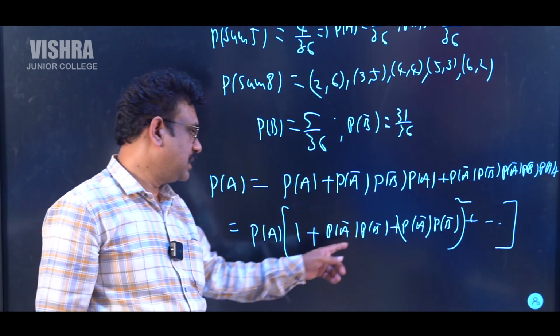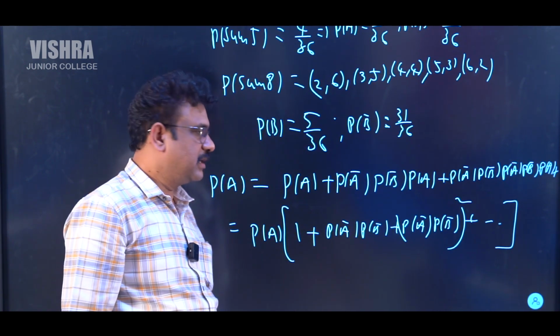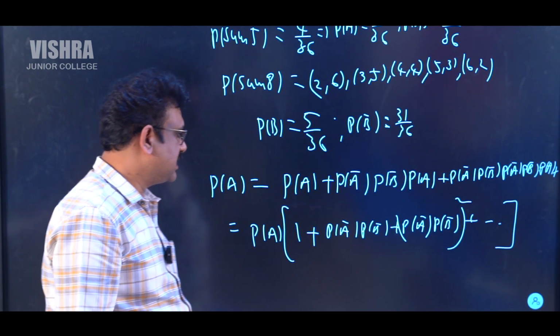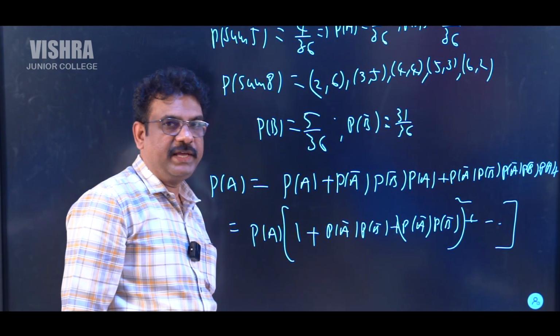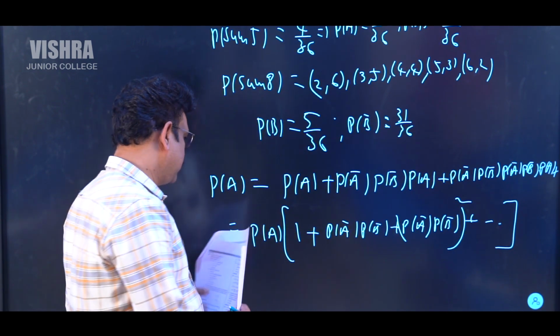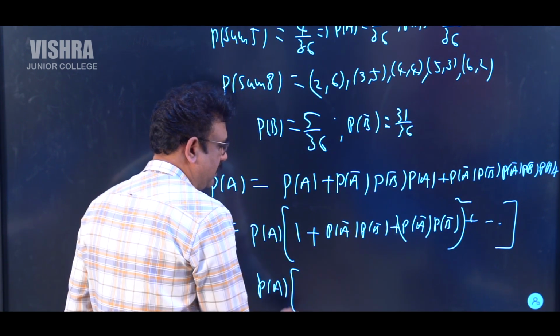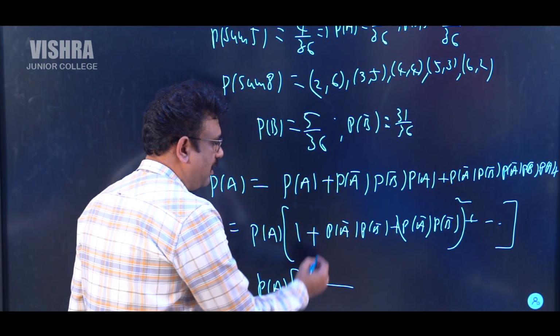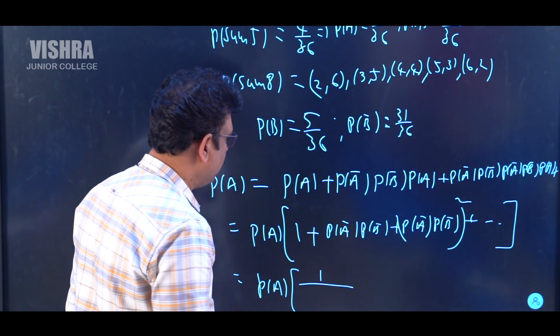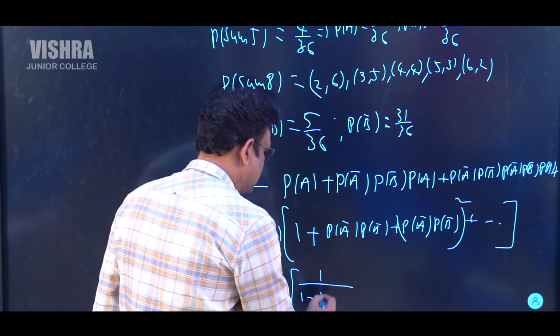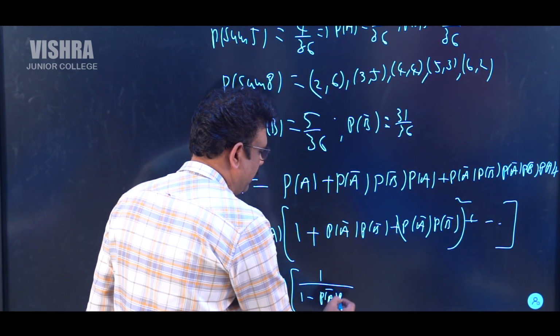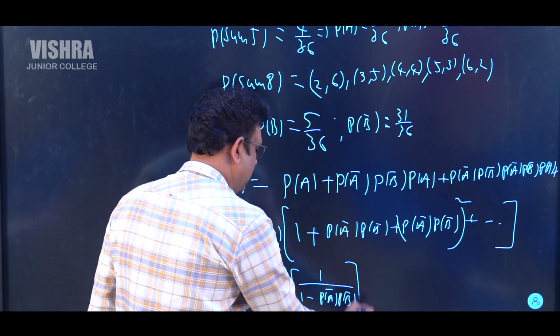This is an infinite series. The sum of an infinite series is S infinity equal to a by 1 minus r. So that is P of A by 1 minus P of A complement, P of B complement.